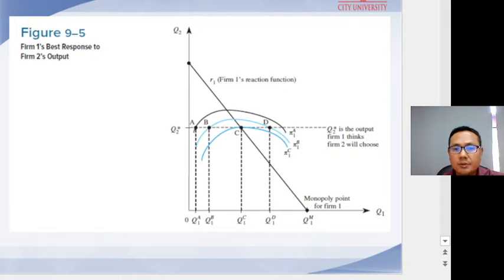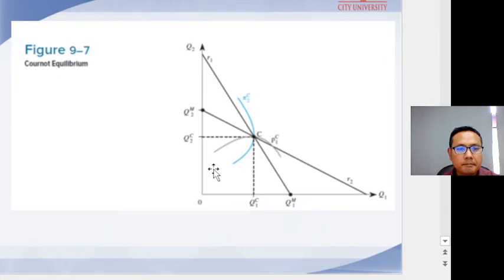We can use isoprofit curves to illustrate the profit of each firm in Cournot equilibrium. Recall that Cournot equilibrium is determined by the intersection of the two firms' reaction functions.